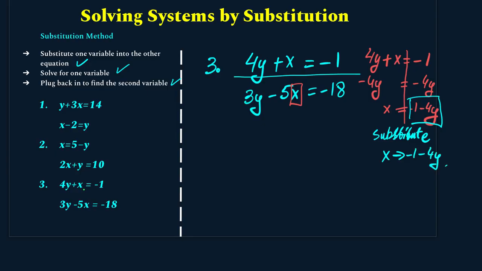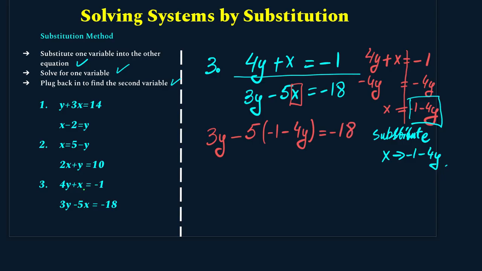All right, let's get started. Okay, we're going to rewrite 3y minus 5. And instead of writing x, we're going to write times negative 1 minus 4y. And then we're going to rewrite everything else the same.